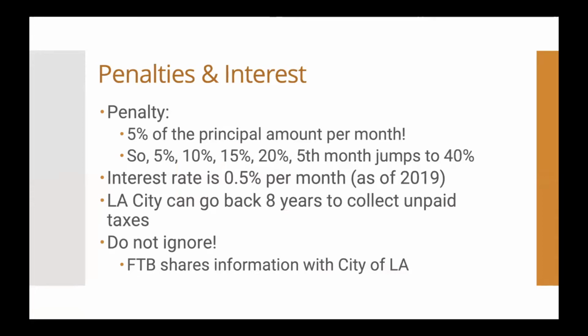And believe me, their assumption is going to be much higher than what you may have actually made. And you're going to owe tax on that amount unless you can prove otherwise that you did not actually make that much money. So do not ignore, file your LA City business license and do it on time.